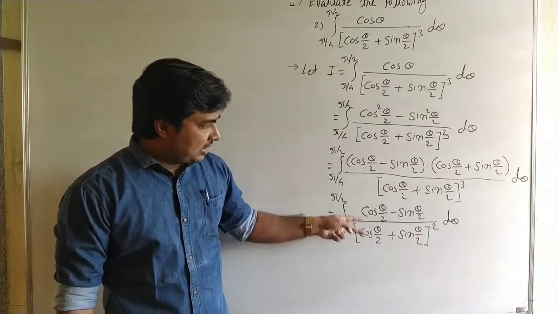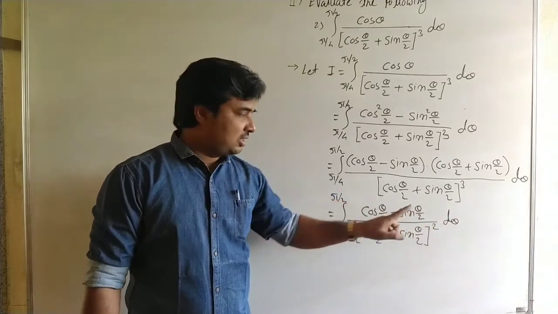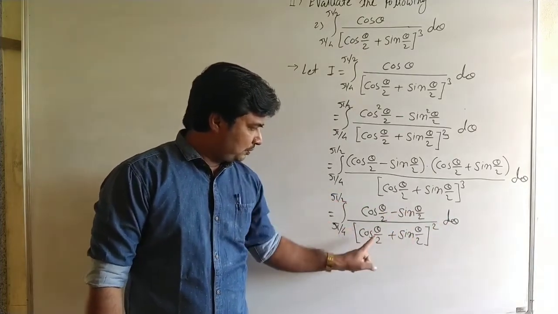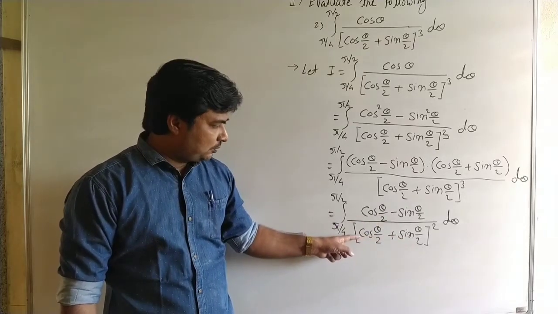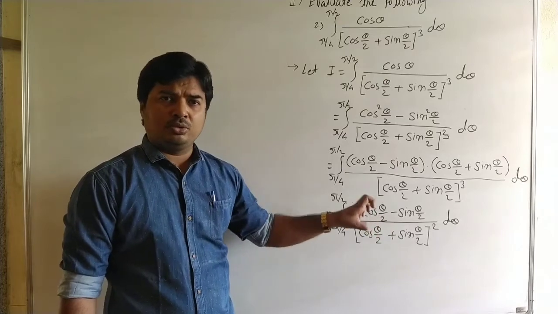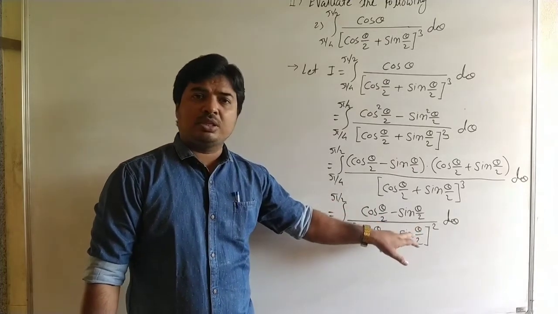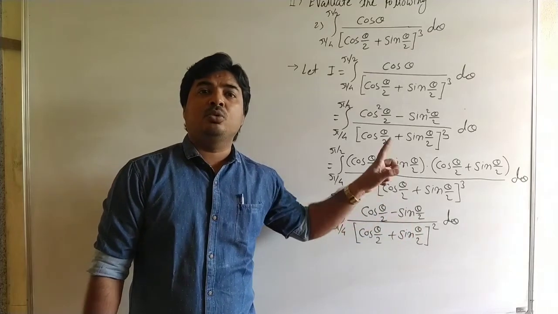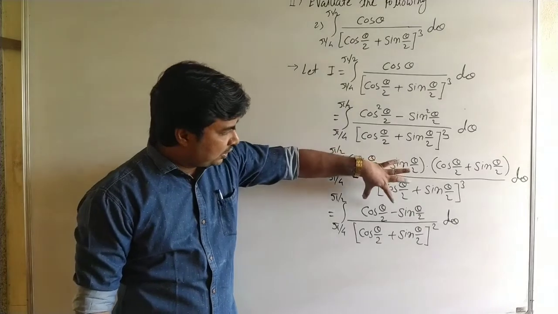Now here in the denominator, that means in the multiple of d theta, there is a derivative of this term, cos theta by 2 plus sin theta by 2. The derivative of cos theta by 2 is minus sin theta by 2 into 1 by 2. Okay, 1 by 2 constant, we can take common. Sin theta by 2, derivative of sin theta by 2 is cos theta by 2 into 1 by 2. Then when we take the 1 by 2 common, we get this term.